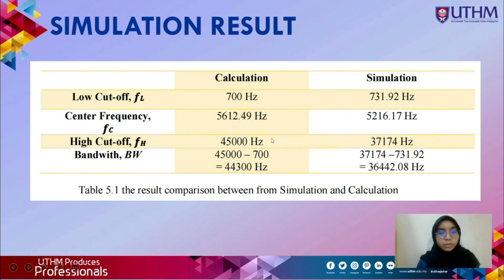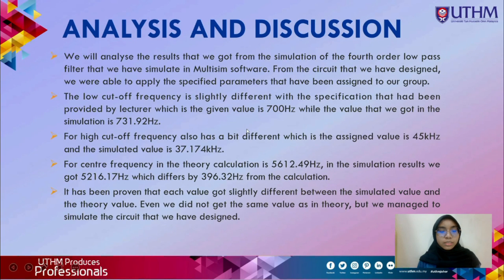For the high cut-off frequency, the manual calculation, we get 45,000 Hz, but from the simulation, we get 37174 Hz. The manual calculation for the bandwidth, we get 44,300 Hz, while for the simulation, we get 36,442.08 Hz.